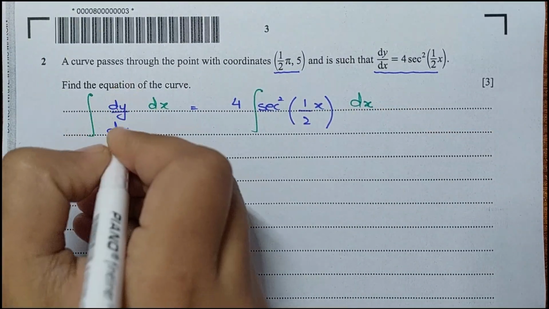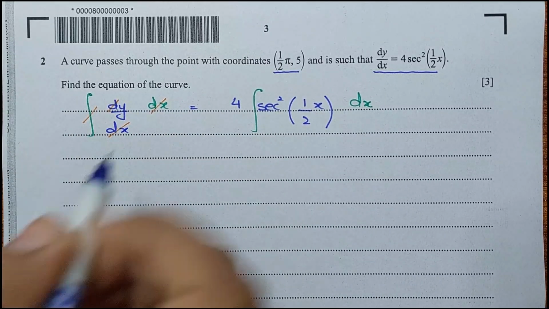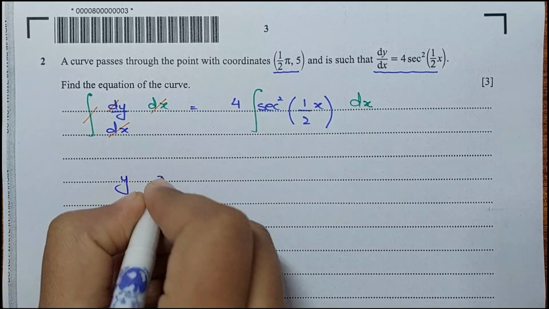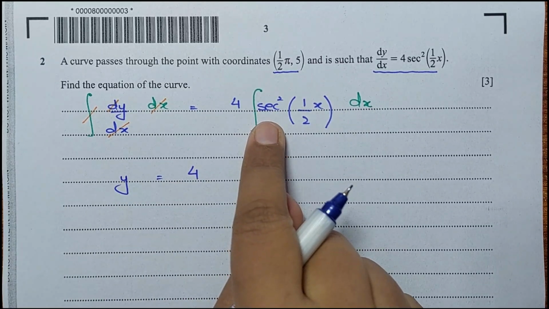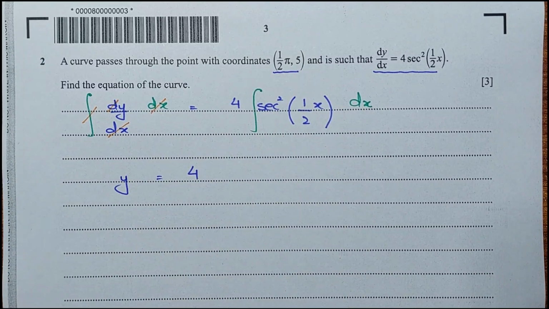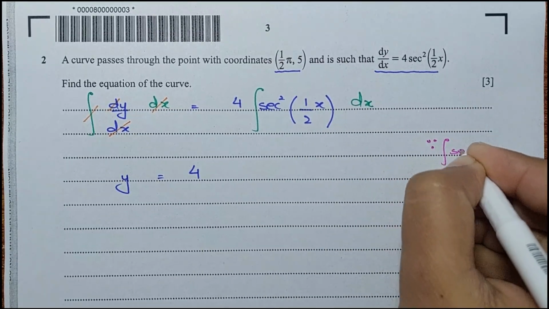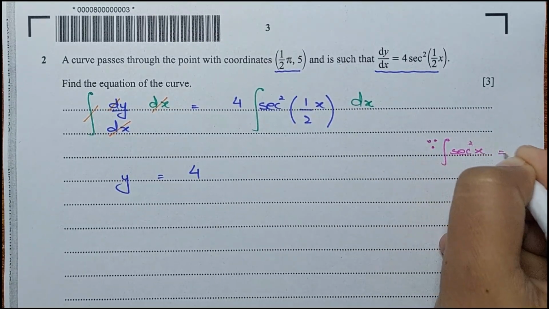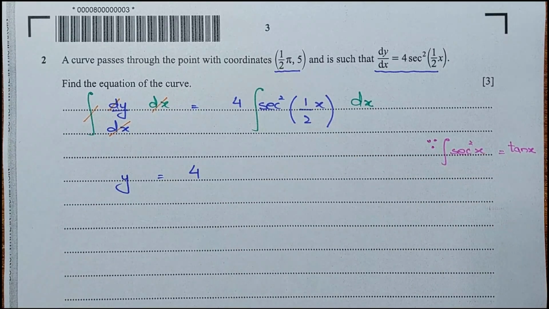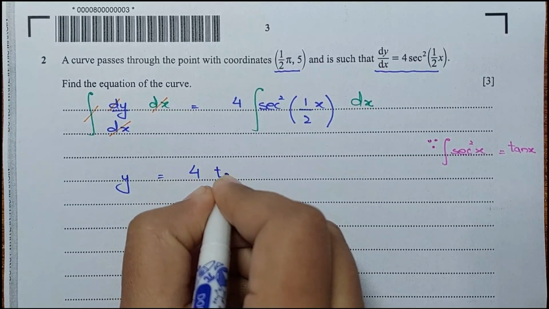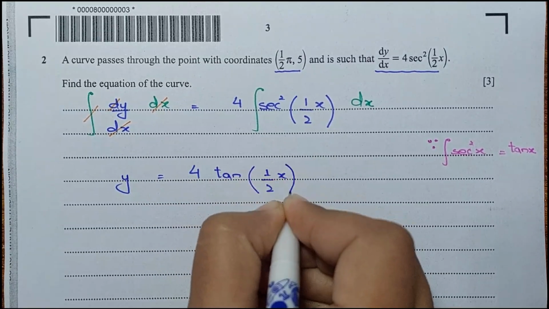Okay, so dx and dx cancel out. The derivative cancels with the integral. We are just left with y equals 4 outside. Now integration of secant squared is tangent. Use this formula, that integration of secant squared x is tangent x. Here the argument is half x.